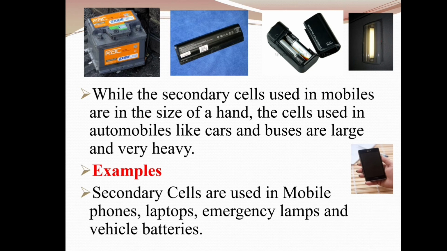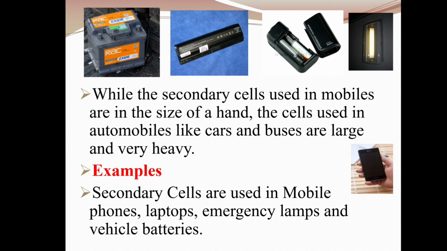While the secondary cells used in mobiles are the size of a hand, the cells used in automobiles like cars and buses are large and very heavy. Examples: secondary cells are used in mobile phones, laptops, emergency lamps, and vehicle batteries. So, what is said here? In mobiles, the size of the cell will be very small, about the size of the hand.